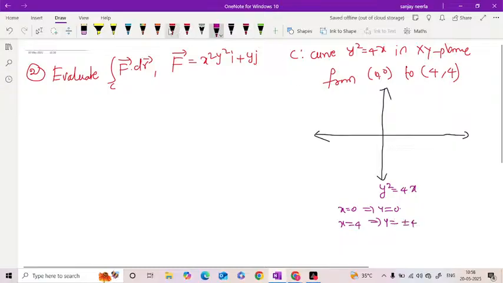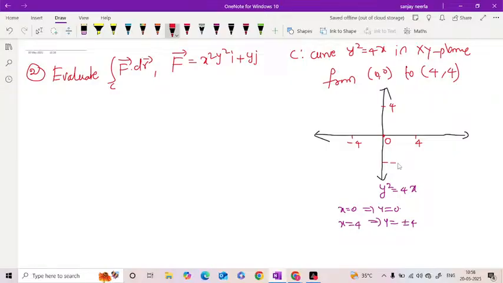That means now we have identified 3 points. Assume this is 4 and minus 4 on the axes. So the first point is 0, 0, the second point is 4, 4, and the next point is 4, minus 4.